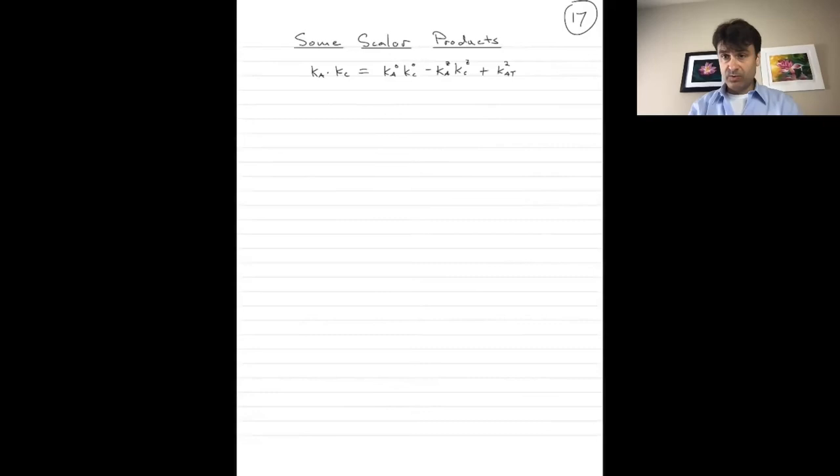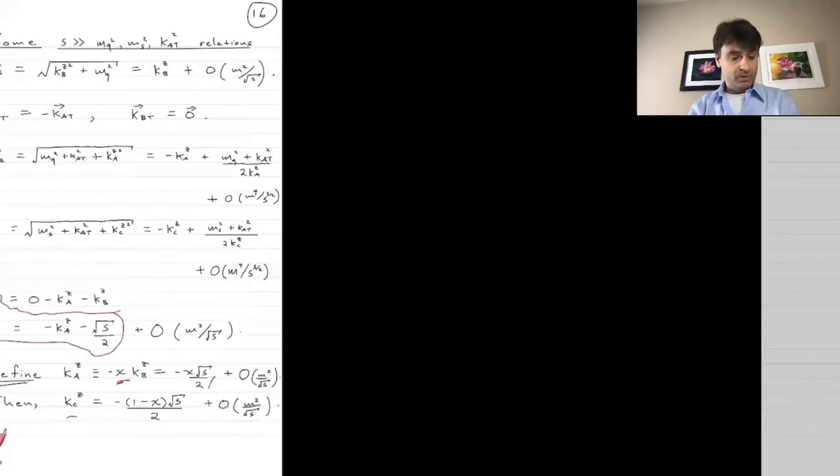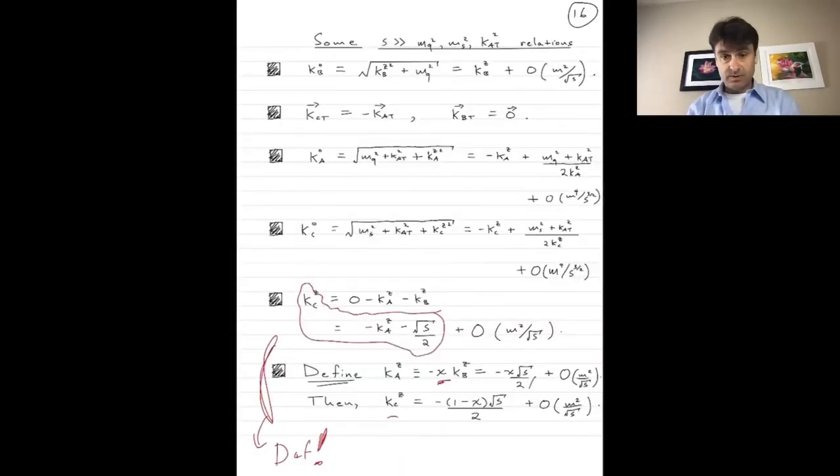At this stage, I'm going through things a little bit more slowly because this is going to be a relatively new type of calculation, I think, for you. So the next thing that is also useful is to just list a set of the scalar products that we might encounter using the results from these expansions.